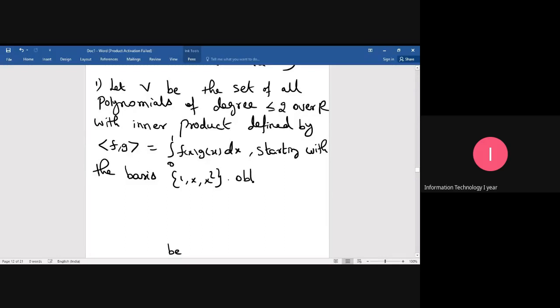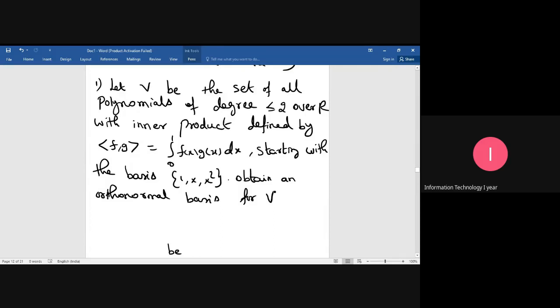Question is, obtain an orthonormal basis for V.